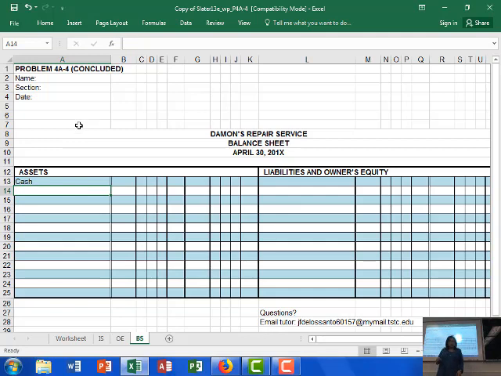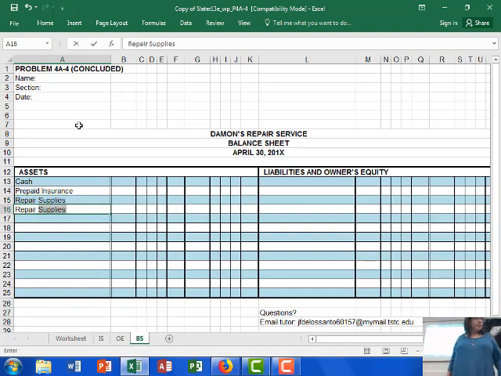Cash, then prepaid insurance, repair supplies, repair equipment, and then less accumulated depreciation. We're just setting it up so that our total assets would be somewhere down here.